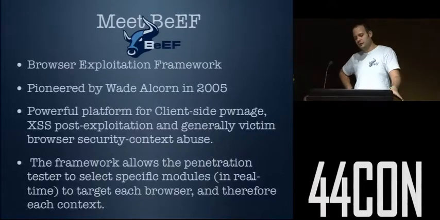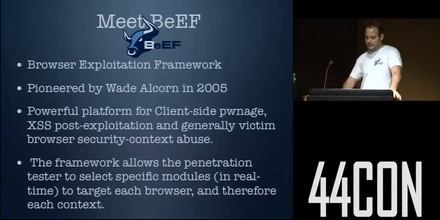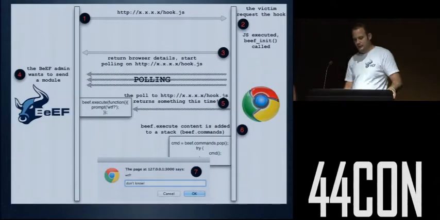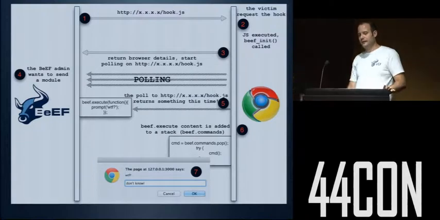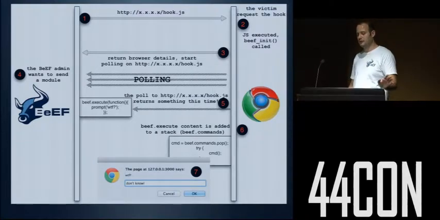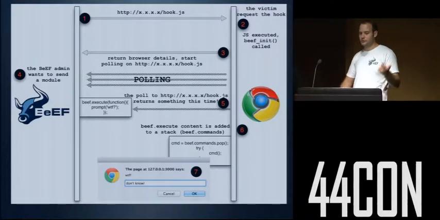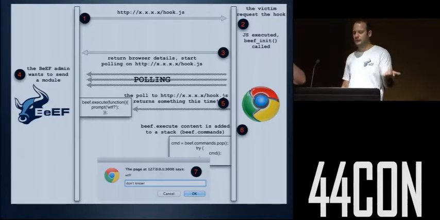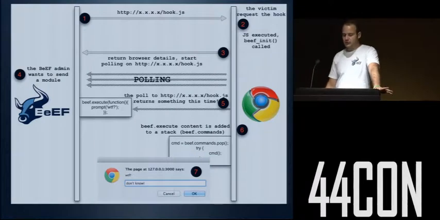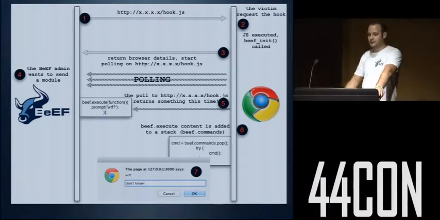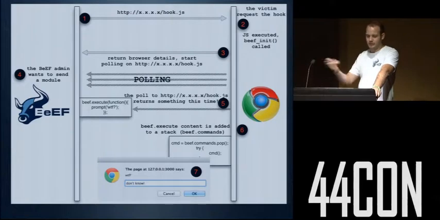This asynchronous communication channel works in the following way. Let's say that you have a page where you can put some JavaScript. It could be a phishing page, a persistent XSS, or a website where you found SQL injection and you put something malicious in the database that is then retrieved and rendered on a page.